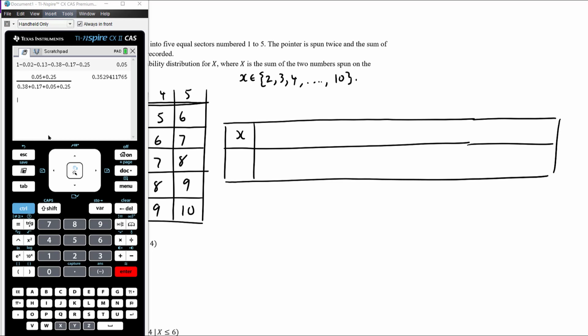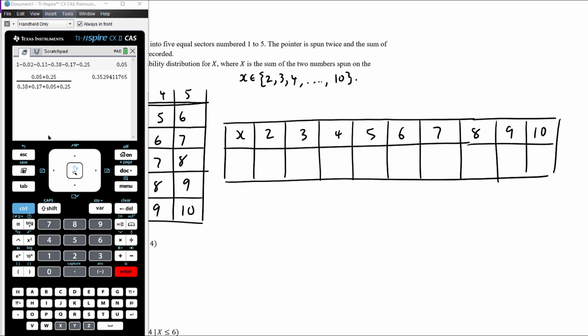Okay, so hopefully I've got enough. 1, 2, 3, 4, 5, 6, 7, 8, 9. Okay. So 2, 3, 4, 5, 6, 7, 8, 9, 10 are my possible outcomes.